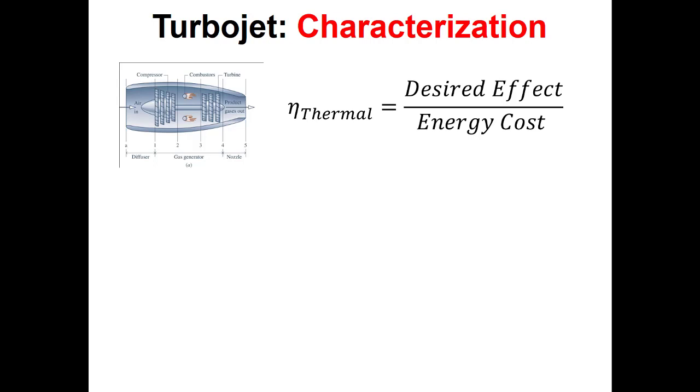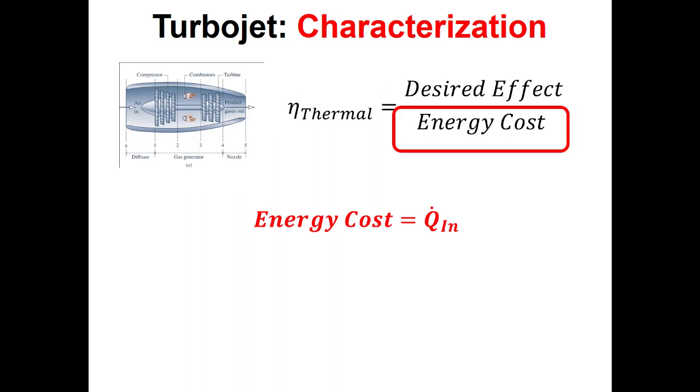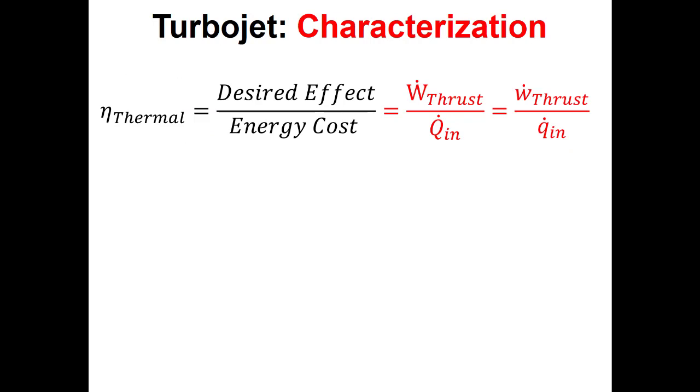The desired energy cost, I've already told you this, and probably it's not a surprise. We need some kind of jet fuel in our jet, right? So we need to burn that fuel to generate heat, because this is a heat engine. It's just we're turning this heat energy into this thrust power, right? So our energy cost is still going to be heat in. So our thermal efficiency is still going to be some sort of power divided by some heat transfer rate in.